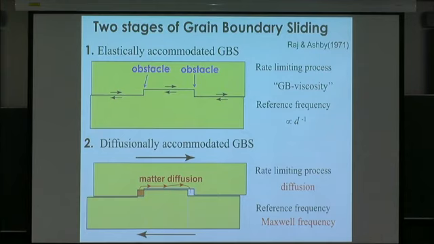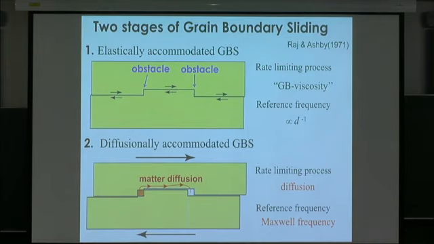After being stopped by the obstacles, sliding occurs slowly and globally by overcoming the obstacles by matter diffusion. And this latter stage is called diffusionally accommodated grain boundary sliding. The rate limiting process of this latter process is matter diffusion, and the viscosity of the diffusion creep is also rate limited by matter diffusion.